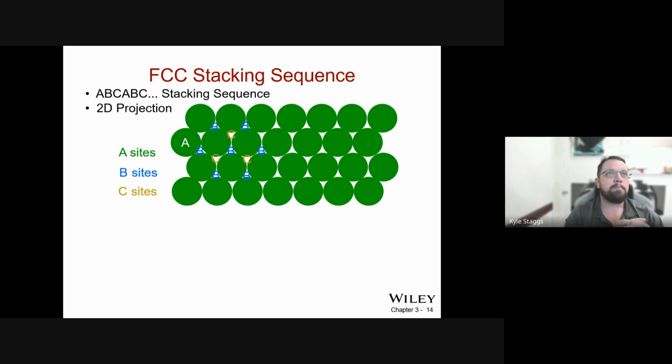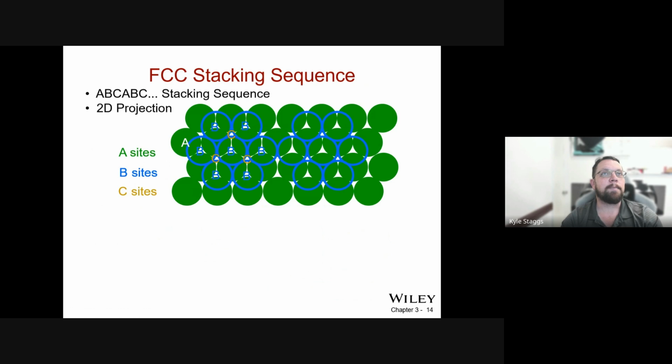You can see B sites, which are in between a couple of atoms. They have just a little bit of space, though it's a little hard to tell by this diagram. Then there's the C sites, which are slightly different in volume than the B sites. Not by a lot, but just enough.